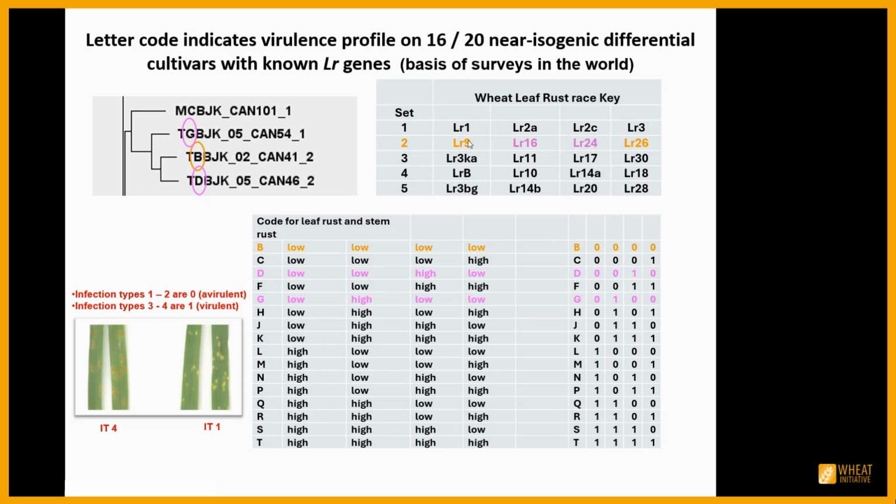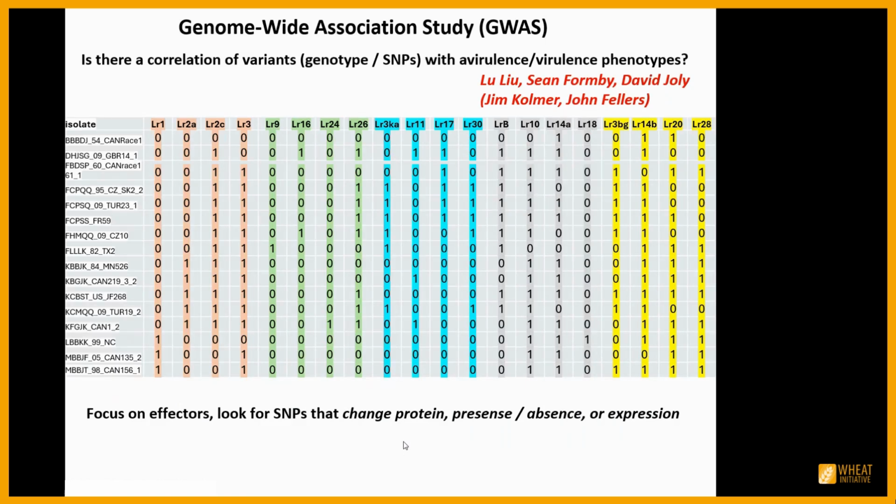So on this particular set of differentials, they became virulent on another differential cultivar. So the letter code changes.